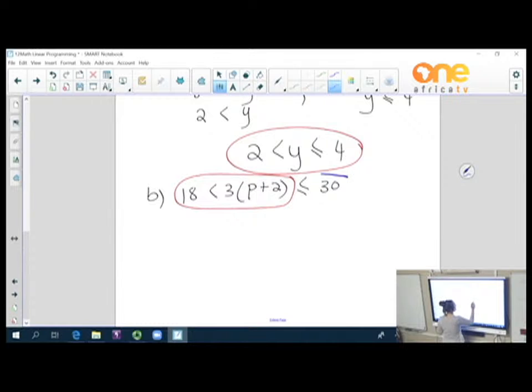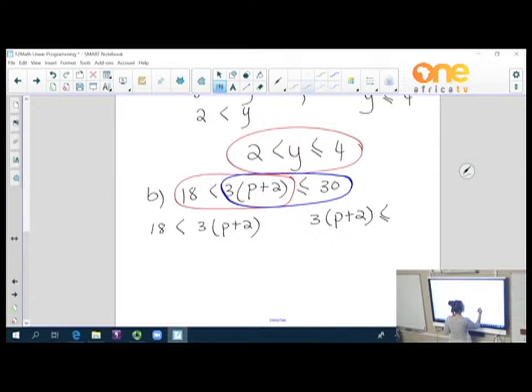There we have one, and then we will have the other one. We are left with 18 is less than 3 times p plus 2, and the other inequality will be 3 times p plus 2 in brackets is less than or equal to 30.